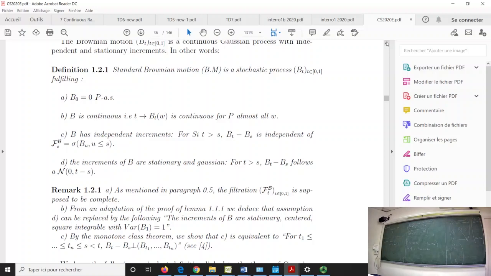And so, since this one is a linear transform of this one by this matrix with constant coefficients, this vector being Gaussian, this one is Gaussian by linear transform. It comes from the fact that in the definition of a Gaussian vector, any linear combination of my components is a Gaussian random variable.